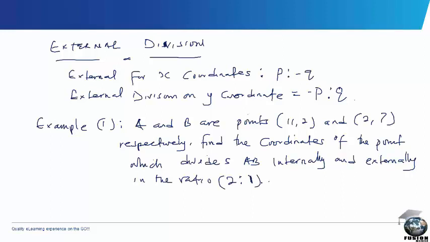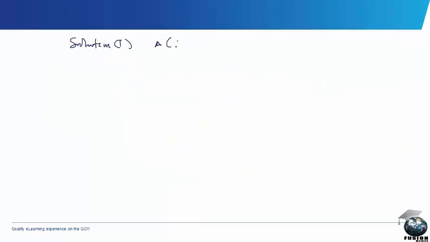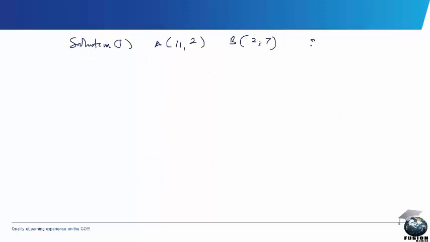Alright, so we have coordinates of points (11, 2) and (2, 7). Solution: the points you have are (11, 2) for A, and for B we have (2, 7), and for the ratio we have 2:1. Alright, we start with internal division.